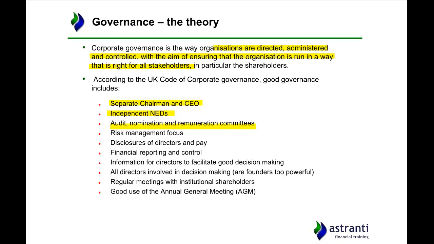And remuneration committees as well. This is the committee responsible for deciding the pay of the directors. And this is because directors' pay has to be disclosed to the public, and so of course it's important to come out with a fair level of payment.